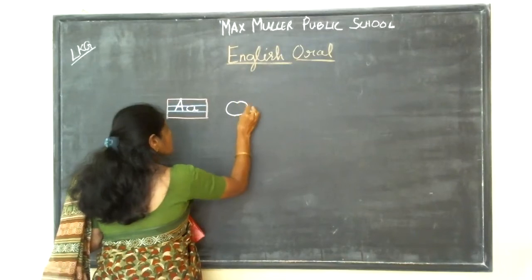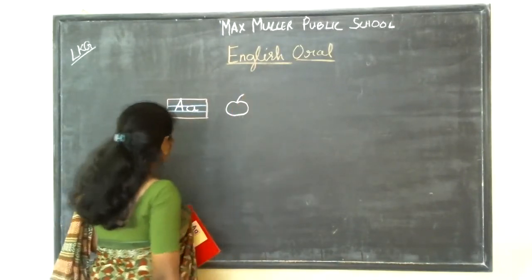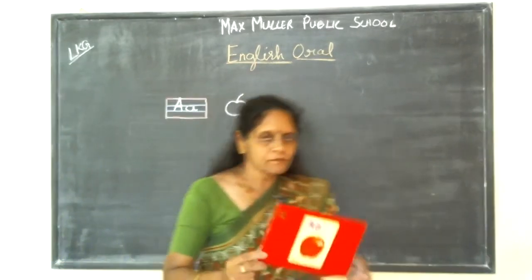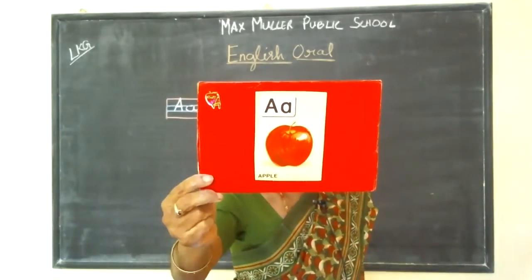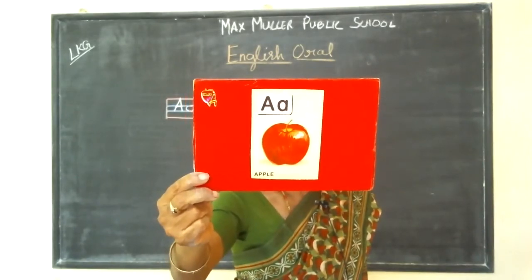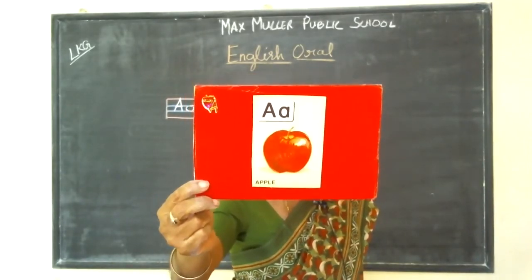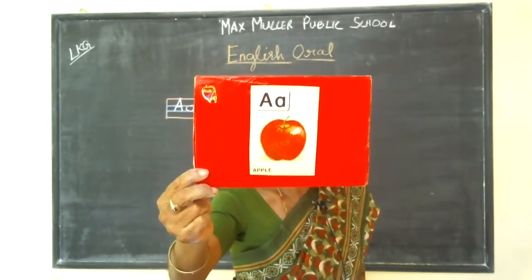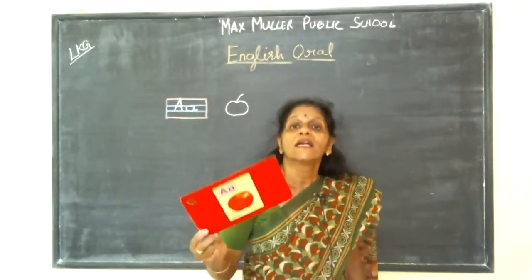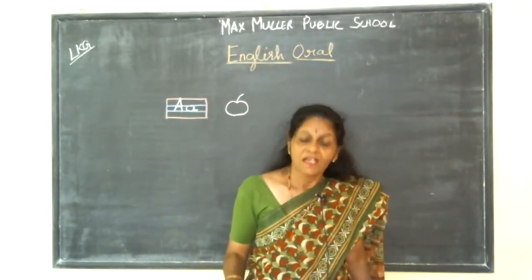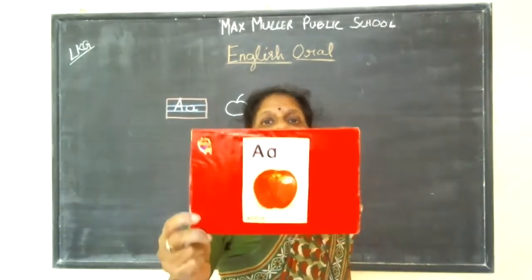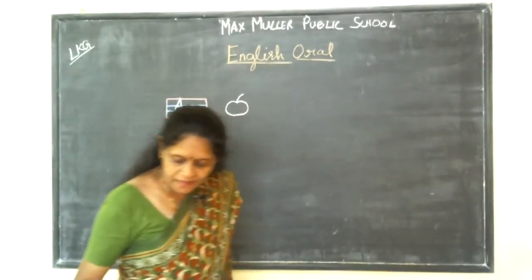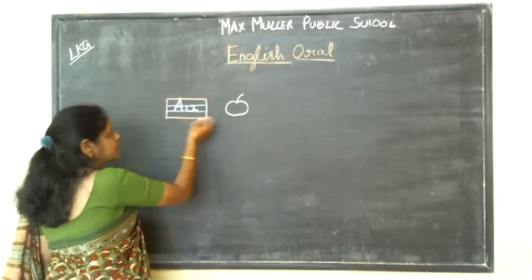A for apple. Again, I'll repeat. See, children, can you see this letter? A for apple. Capital A, small a. Capital B, small b. The next letter you are going to learn, capital B, small b. Now, which letter is this? Capital A, small a. A for apple.